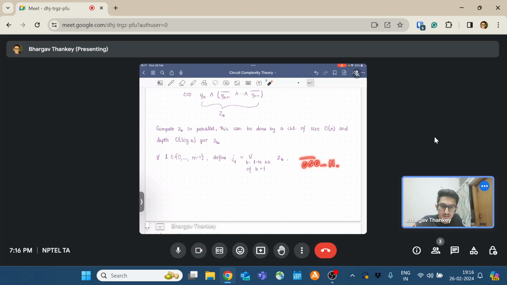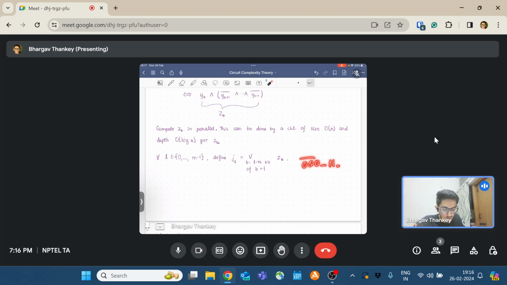Is this fine? Okay, so how can we do this? Look at what we are doing over here. We are picking all B's so that the Lth bit of B is 1. So let me look at J0.